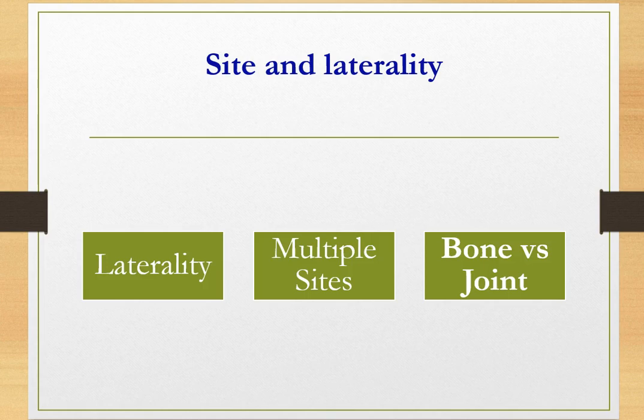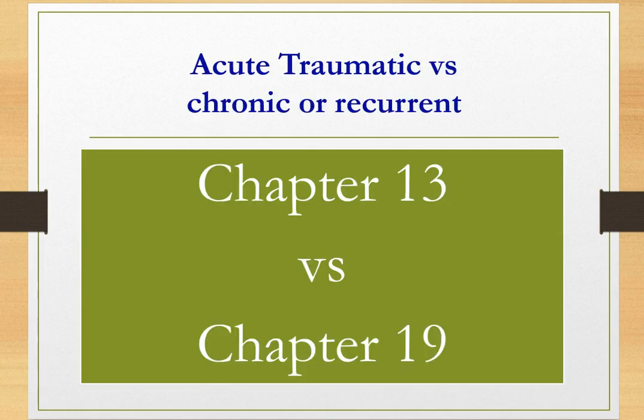Next up, acute traumatic versus chronic or recurrent conditions. So guys, here we're talking about, am I reporting from Chapter 13, which is what we're talking about now, or Chapter 19, which we'll get to soon? So many musculoskeletal conditions are the result of a previous injury or trauma to that site, or are just simply recurrent conditions.